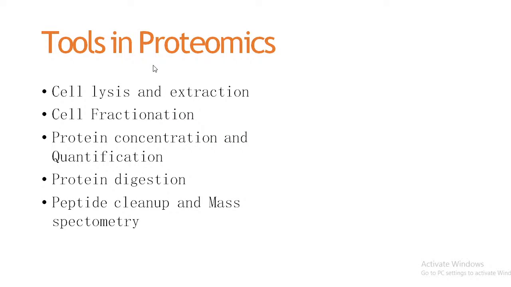Now here we will divide the different phases of proteomics. First is cell lysis and extraction. Okay, how we will lyse the cells and how we will extract the proteins. Okay, so we will study in this step. Next, cell fractionation is the second step, how we will fractionate the different proteins present in a cell.